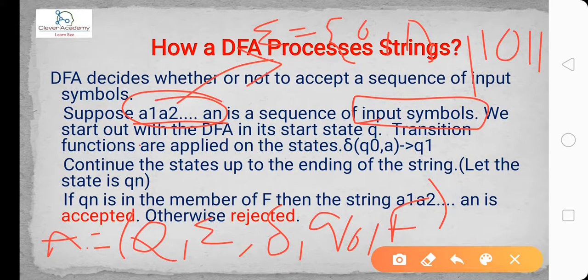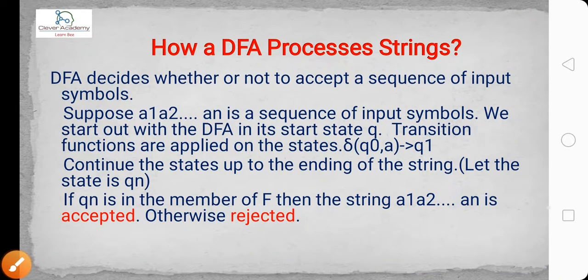Now I need to decide whether this 1011 is accepted by the machine or not. If you want to say whether a particular string is accepted by the machine, we follow a rule: if Qn is a member of F, meaning you are performing all the operations. We'll see an example so that you can have a clear idea of it.